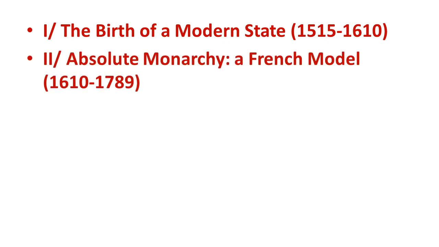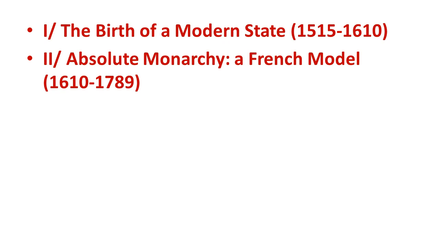And so in this second part, I will examine the big moment of the building of this modern state before the French Revolution, of course, which was done in a way that actually became some kind of French model, which was the system of absolute monarchy.